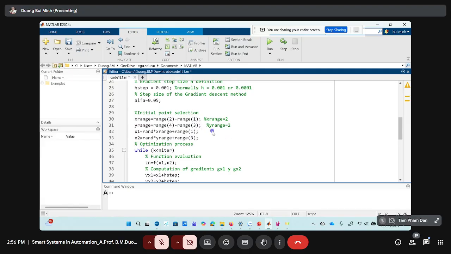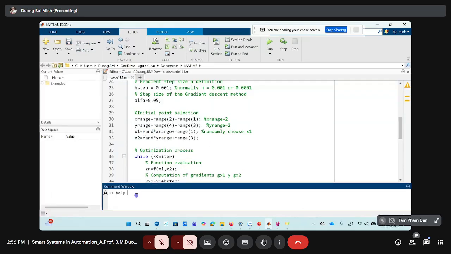So we randomly choose x1. What does rand mean? Rand means random.